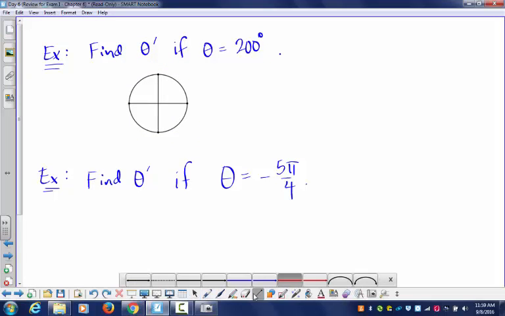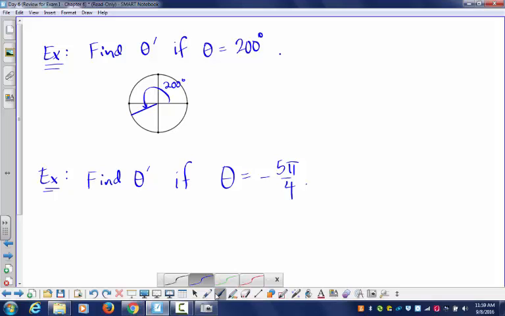And 200 degrees is going to be somewhere over here in quadrant 3. So that's going to be your 200 degrees. So then what's the reference angle? 20 degrees. So theta prime is 20 degrees here. The reference angle is always the angle between the terminal ray and the x-axis.